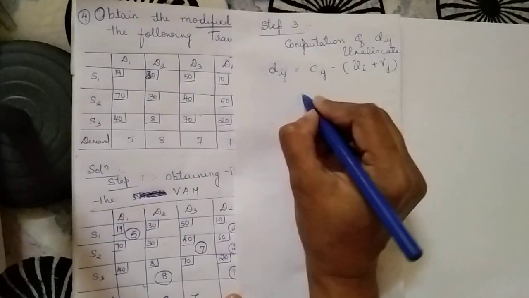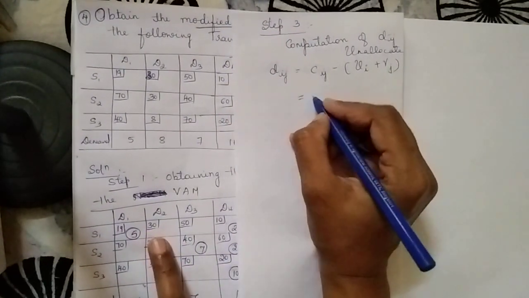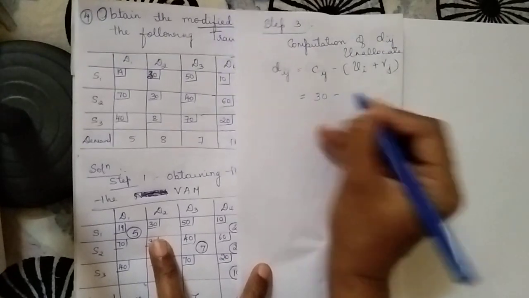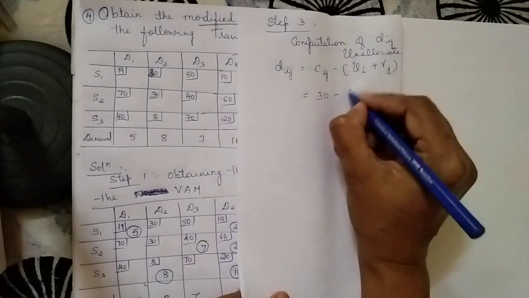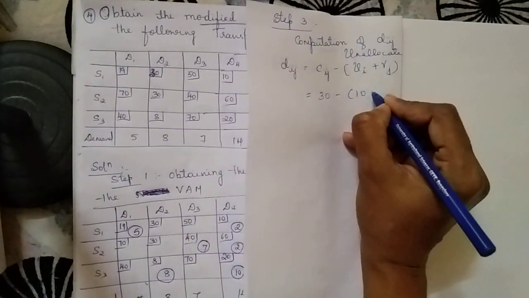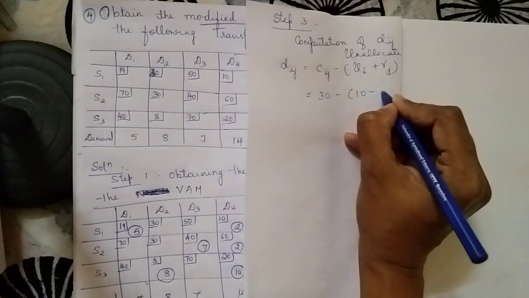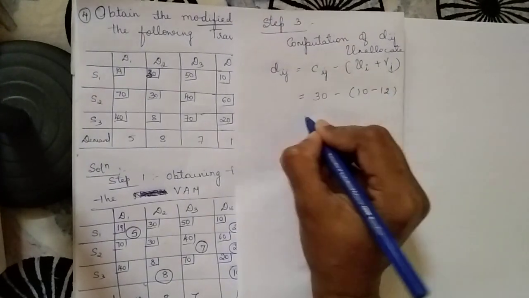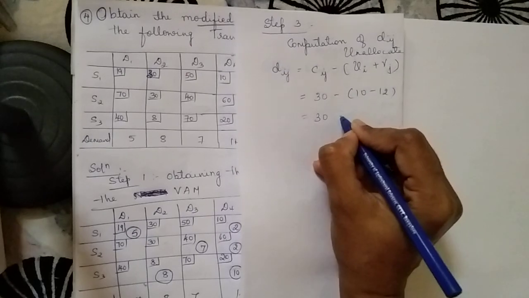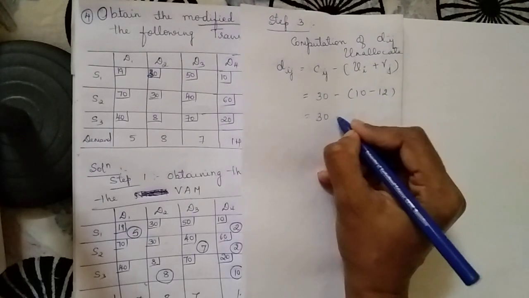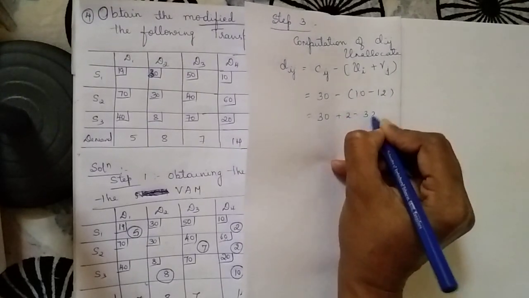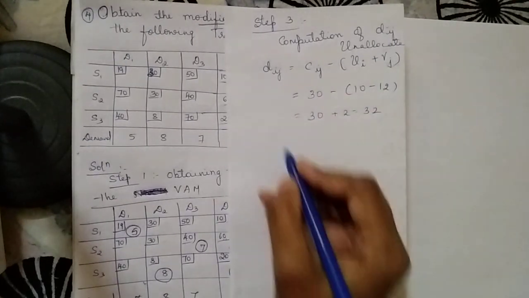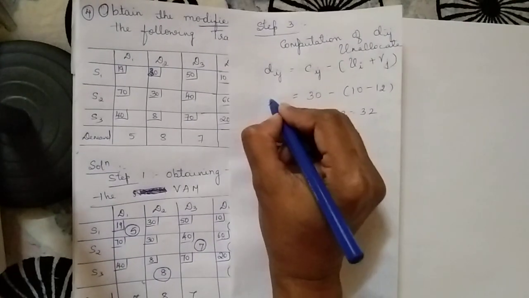This one is not allocated. So here Cij is 30, cost is 30, minus ui which is 10, then minus of minus 12. So 30 minus 10 plus 12 gives 32. These are all unallocated cells that we have, correct?